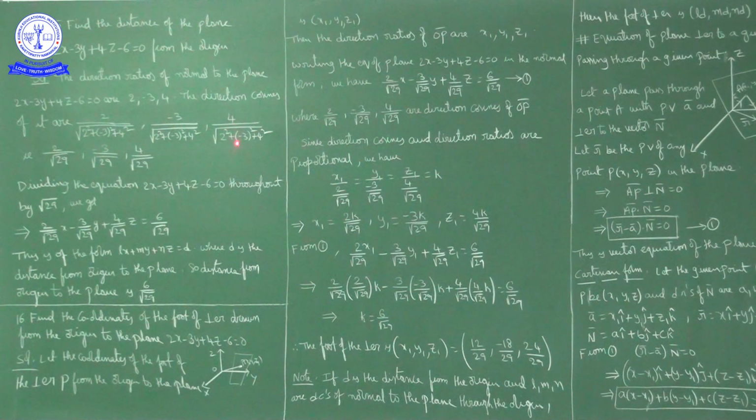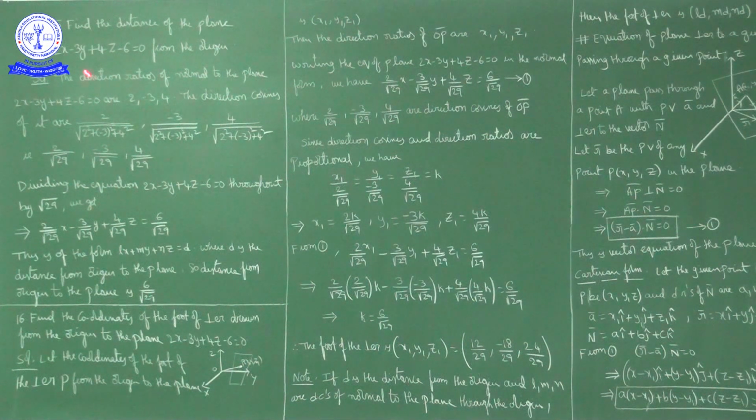So the direction cosines are 2 upon root 29, minus 3 upon root 29, 4 upon root 29. The direction ratios are 2, minus 3, 4, and the corresponding direction cosines are 2 upon root 29, minus 3 upon root 29 and 4 upon root 29.